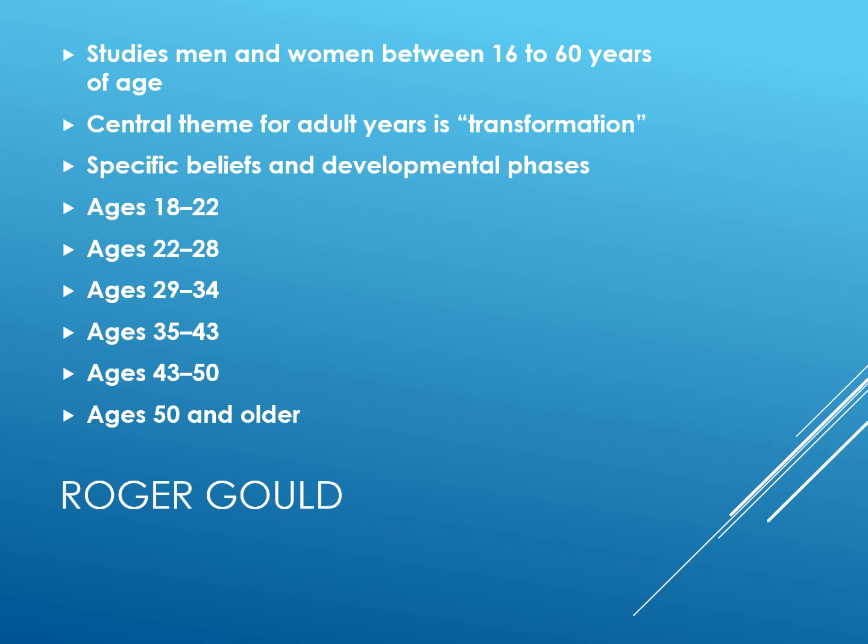Age range 35 to 43 is the middle life decade. Age range 43 to 50 is reconciliation and mellowing. Age 50 and older is stability and acceptance. So his theory concentrates on adulthood.